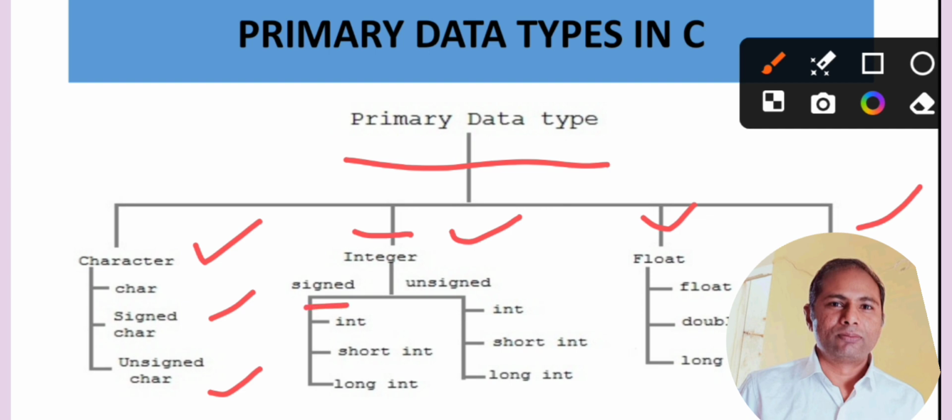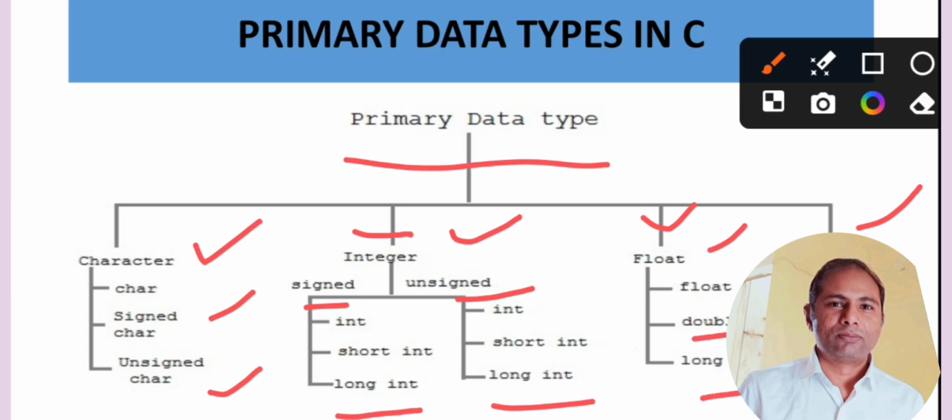Signed means positive and negative integers. Unsigned means positive integers only. Again signed is categorized into int, short int, and long int. Same thing, unsigned is also categorized into int, short, and long int. Float means decimal numbers. Float has three categories: float, double, and long double.